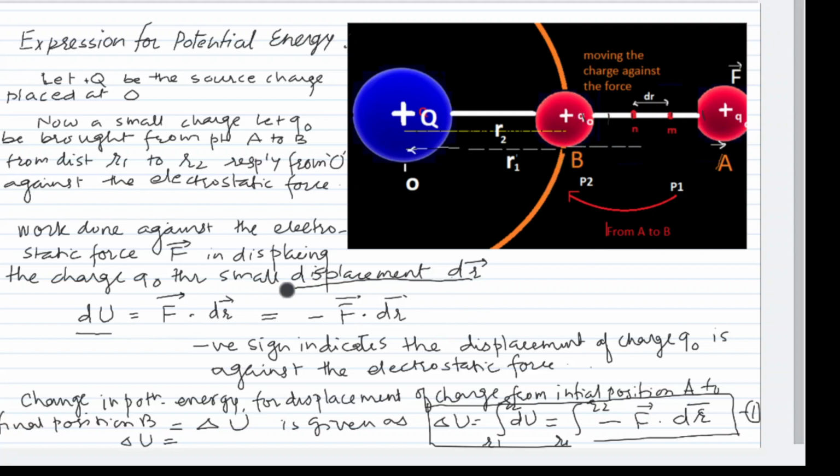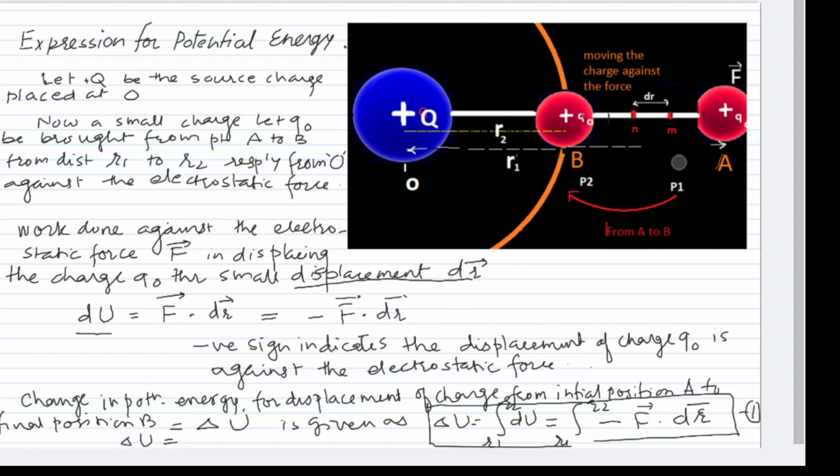So the small displacement, first of all we consider from M to N, so a small displacement occurs over there. Because this displacement is against the electrostatic force, we wrote here the minus sign.